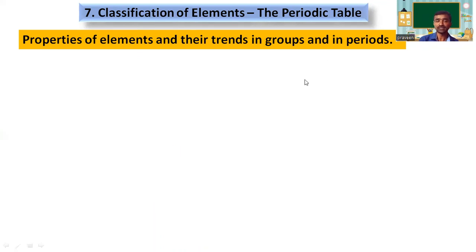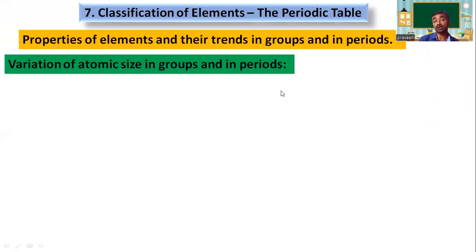So atomic radius or atomic size varies in the groups and in the periods. Why does it change? Why does atomic size not remain the same? Atomic size is simply the distance between the nucleus and the outermost shell.